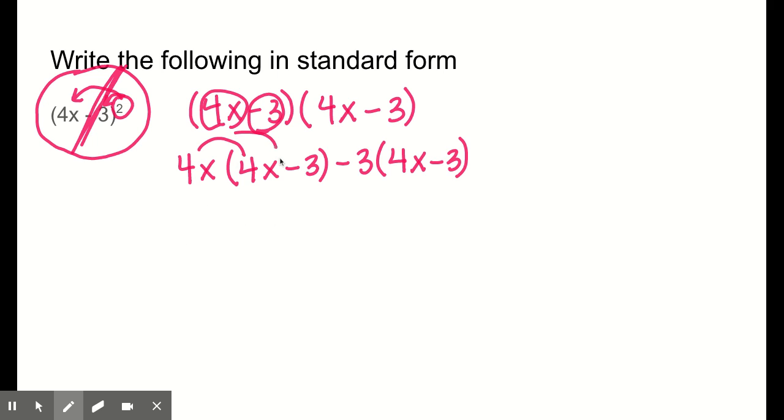Double distribute. First the 4x, so that's 16x squared. 4x times negative 3 is negative 12x. Negative 3 times 4x is negative 12x again. And negative 3 times negative 3 is a positive 9.